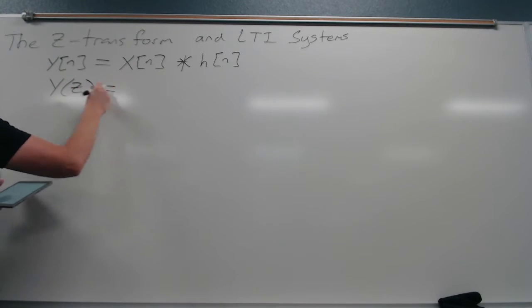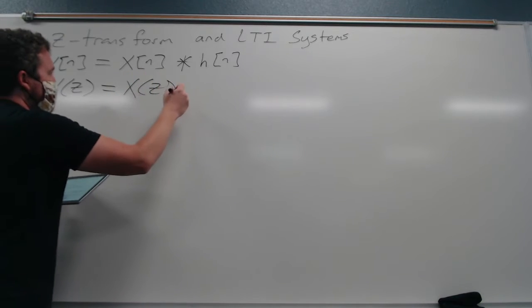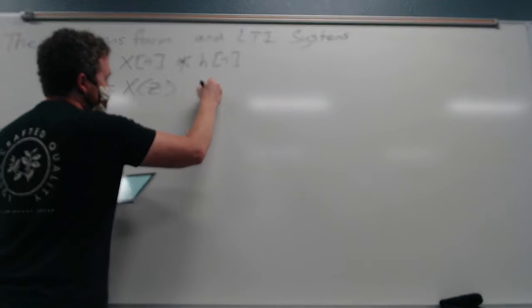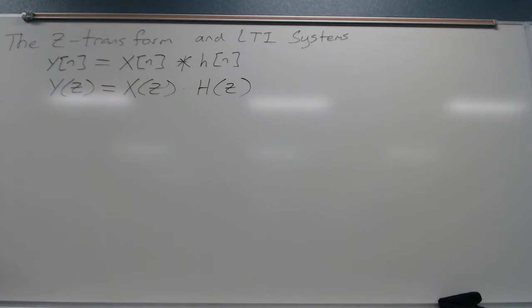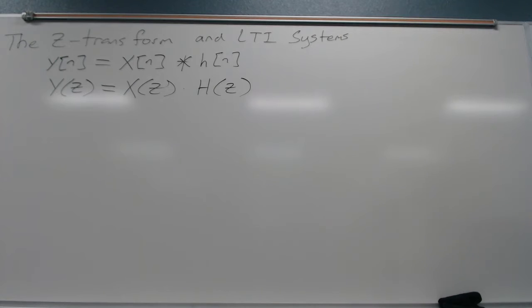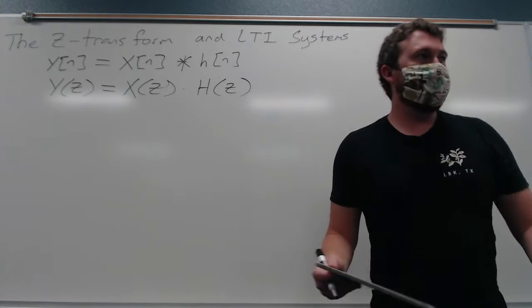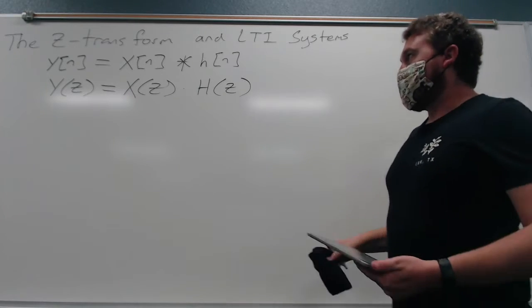We can just say that Y of z is equal to the Z transform of x times the Z transform of h. That's all there is to it, right? So we have an impulse response and an input sequence. We just take the Z transforms, multiply them, and take the inverse Z transform. Because that's how much we hate doing convolution.